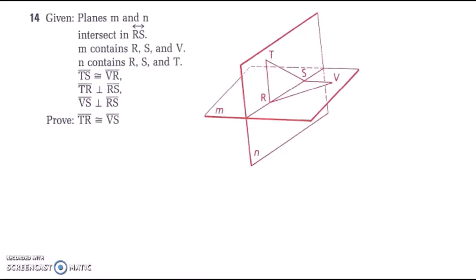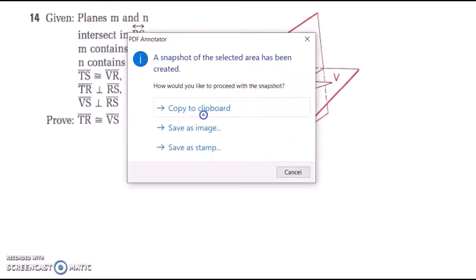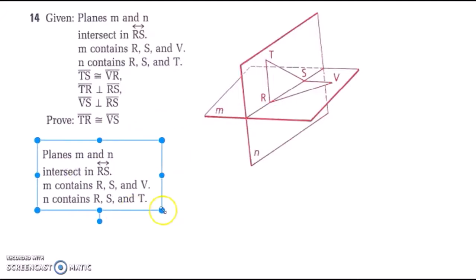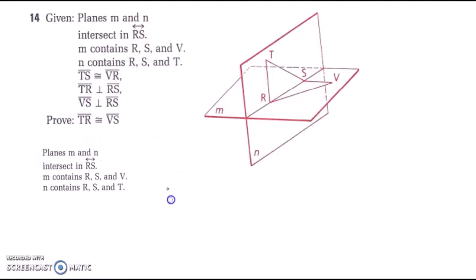Prove that TR is congruent to VS. So to begin this proof, I am going to start with this information. I'm actually going to make it smaller so I can get the whole thing in here.